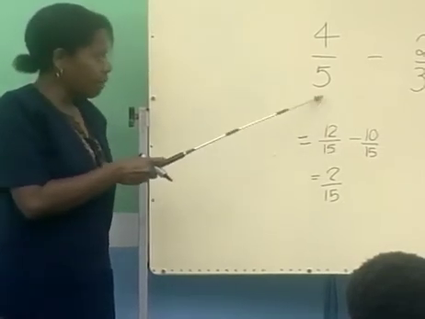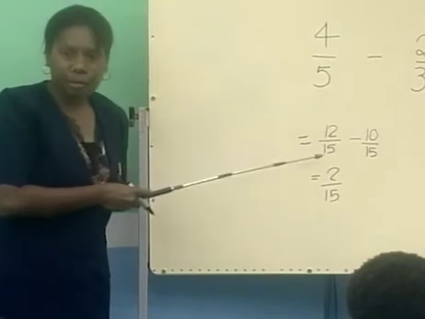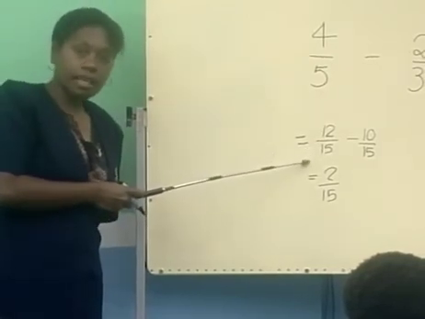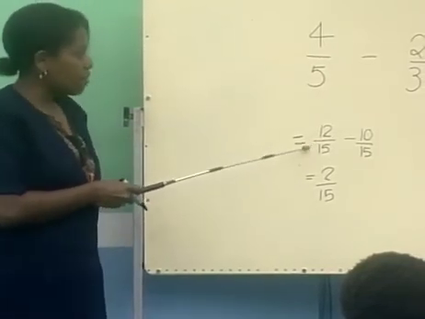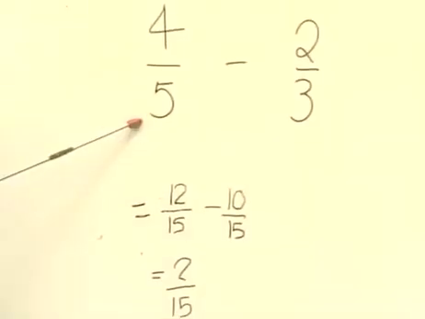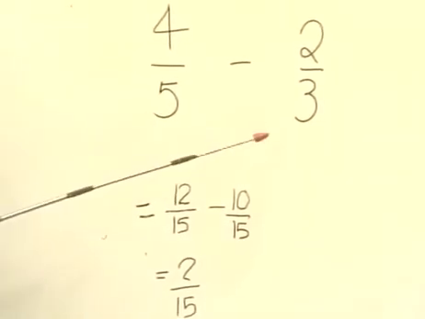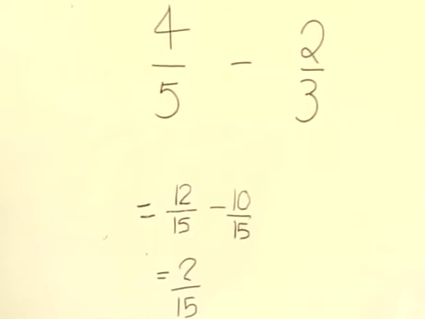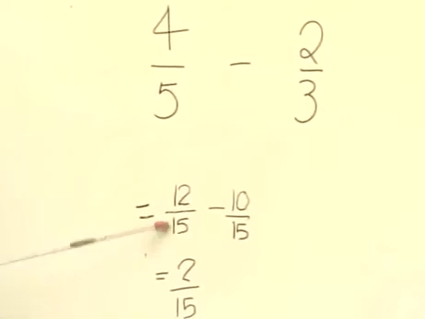You say 15 divided by 5, not 5 divided by 15, that's wrong. 8Es and receiving students, you say 15 divided by 5, or 15 divided by 3. So 15 divided by 5 is 3, and 3 times 4 is 12.